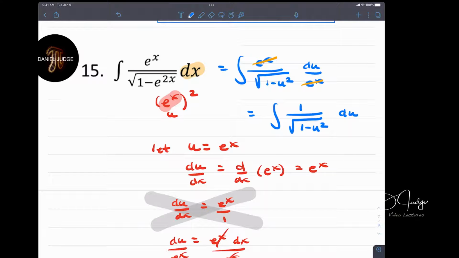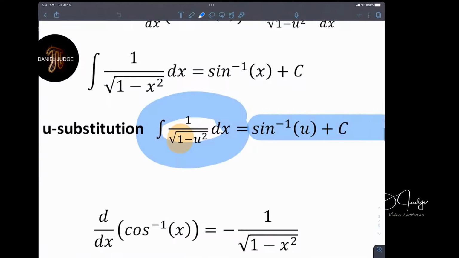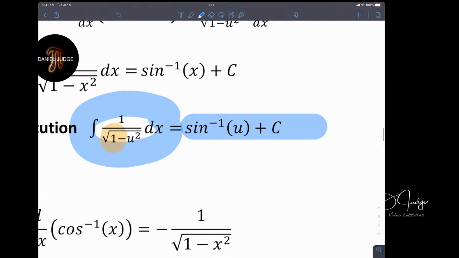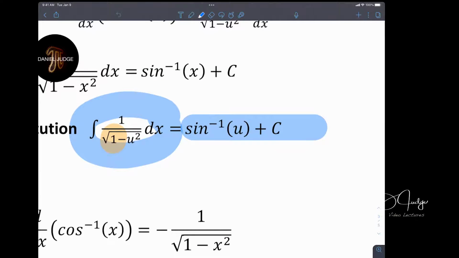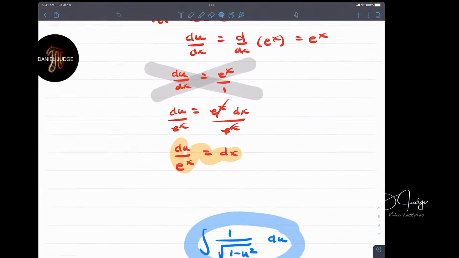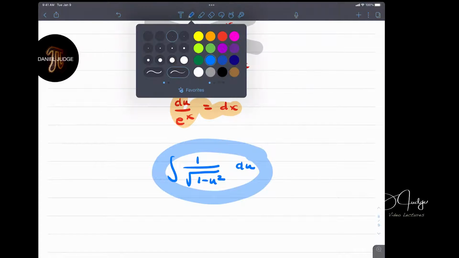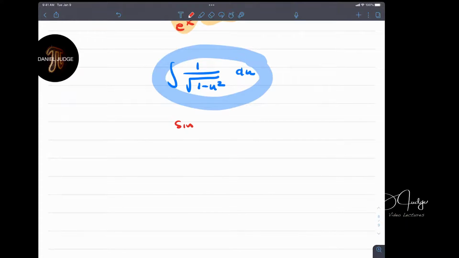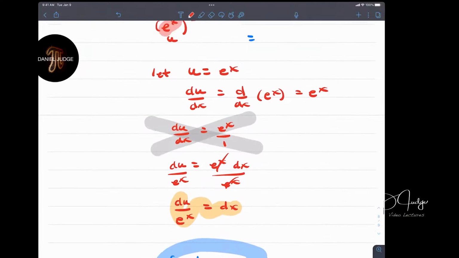So the question is, what integral is this? And like we said, it's right in front of you here. It's the u sub version of inverse sine u. That's what it is. Okay, inverse sine. So let's move this all down, I guess. So we can say you are inverse sine u plus c, but you know what u is?